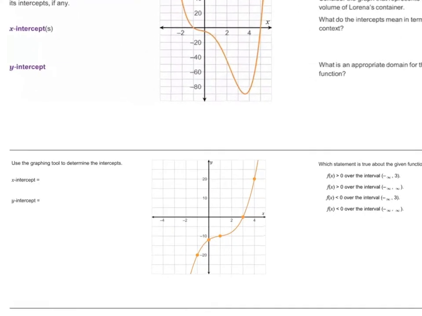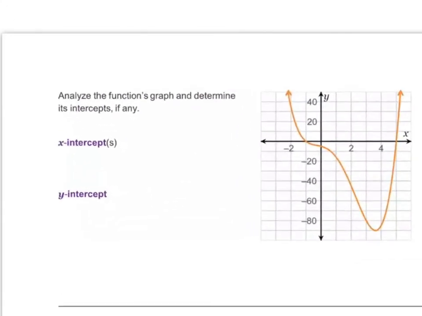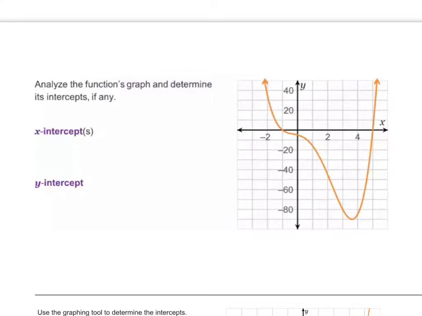So as we take a look at some graphs and certain things that we need to know to analyze a function's graph, the one thing that we want to look at are x-intercepts and y-intercepts.